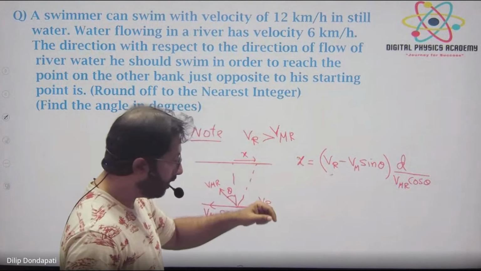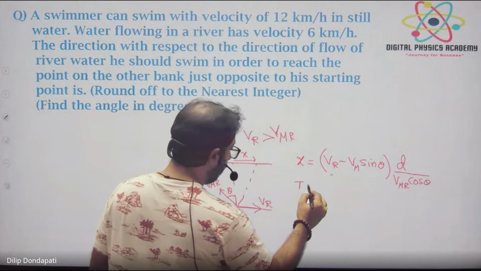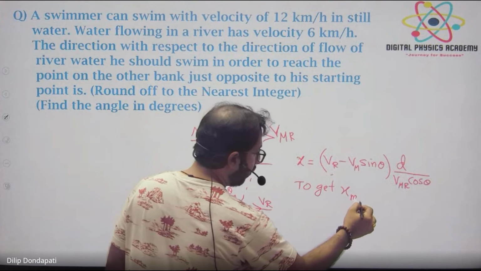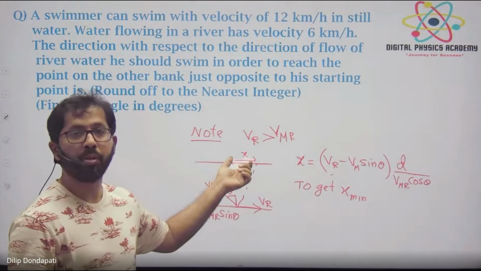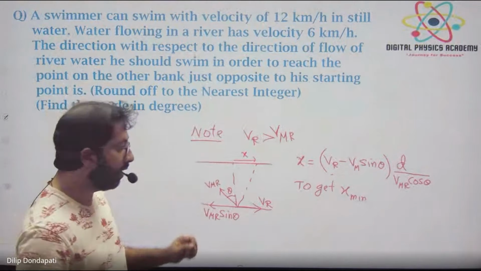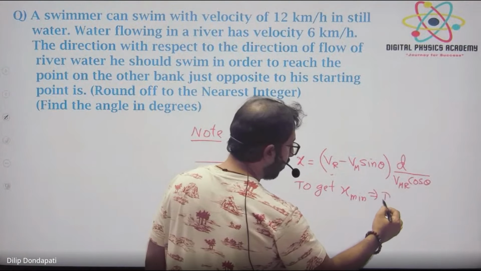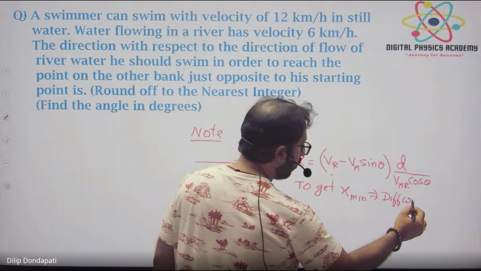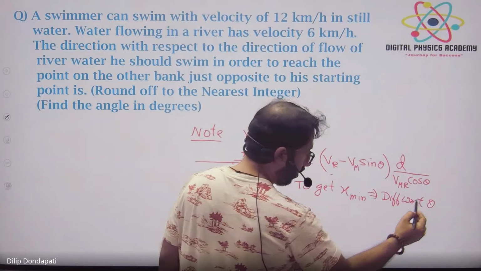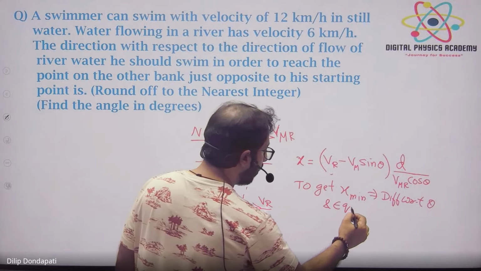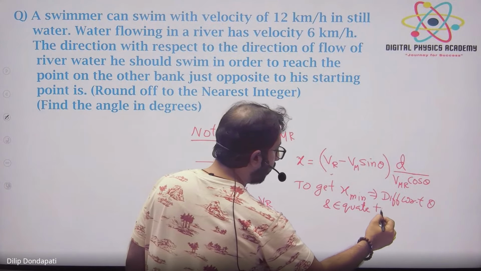Now, the question is, to get the drift minimum, what do you have to do? Simply, you know the minimum value method, right? Differentiate with respect to theta and equate to 0.